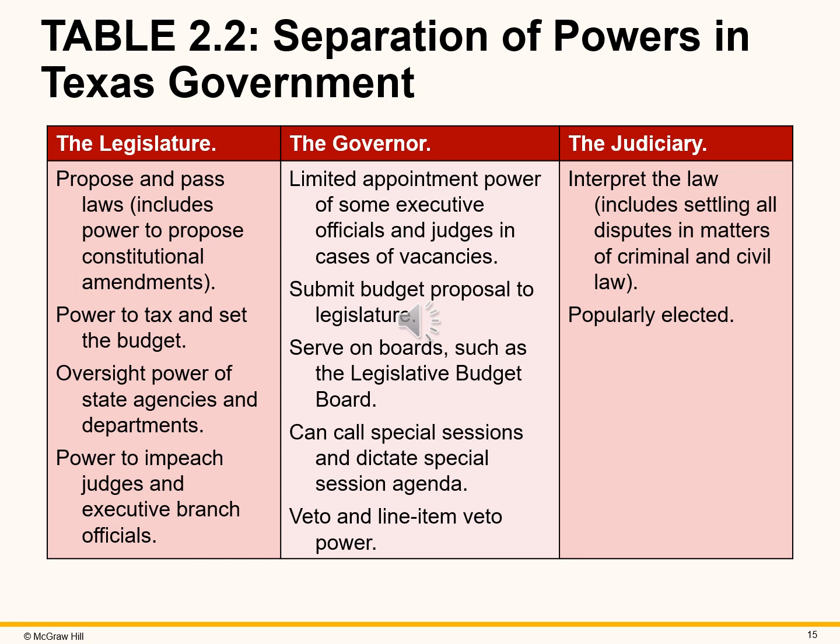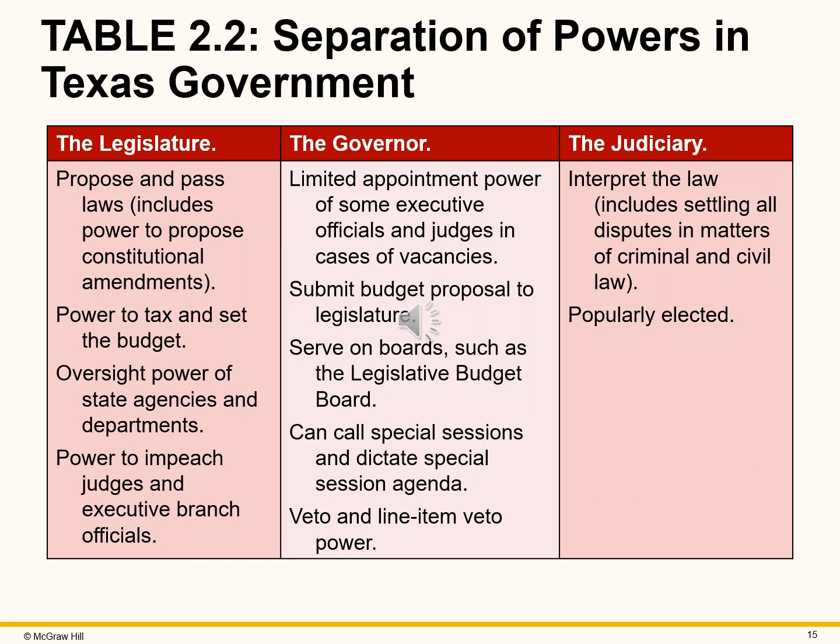Here is a table that provides you with an overview of the separation of powers in Texas government. Remember that the legislature, among proposing and passing laws, also has the power to tax and set budgets, and the power to impeach.